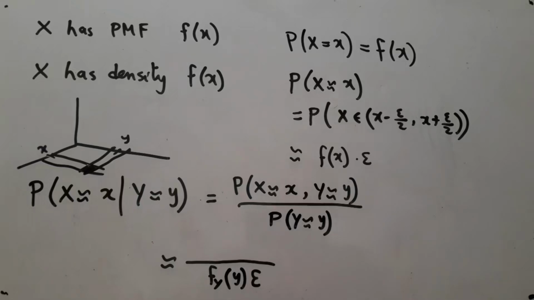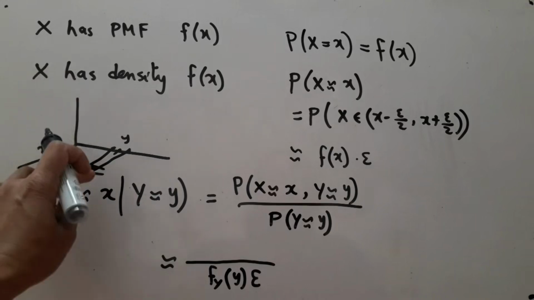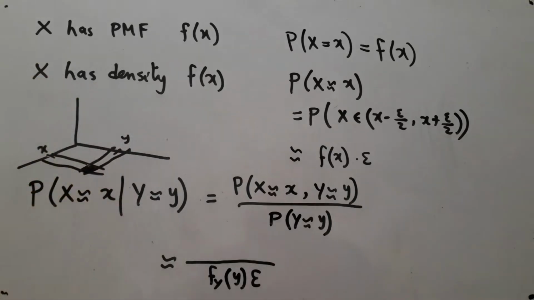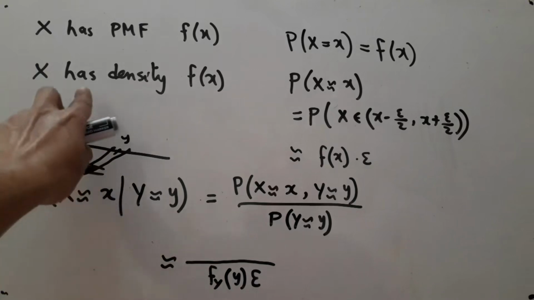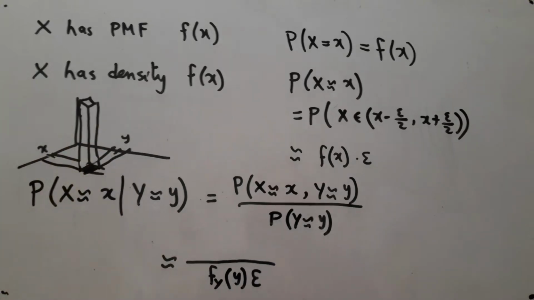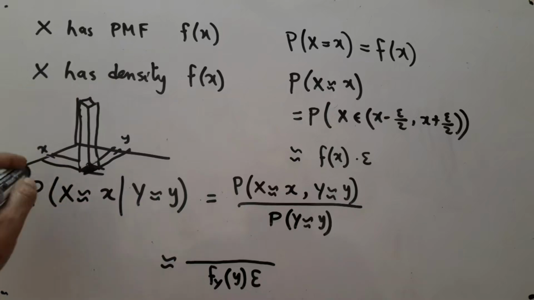Now the probability that I will be in this square is the volume of the tent above this reaching up to the surface of the joint density. Again, by the same argument, I can think of the entire thing as just a box, and the height of the box is roughly f of xy.